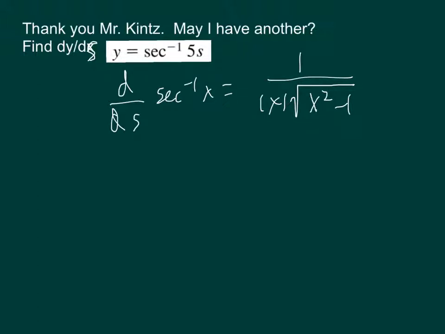But we don't have x, we have 5s, so it's pretty much the same thing, except it'll be 1 over the absolute value of 5s times the square root of 5s squared minus 1. That's the derivative of the outside, leave the inside alone, times the derivative of the inside. The derivative of 5s is just 5, so we can change this 1 up top to a 5, and that should be our right answer.